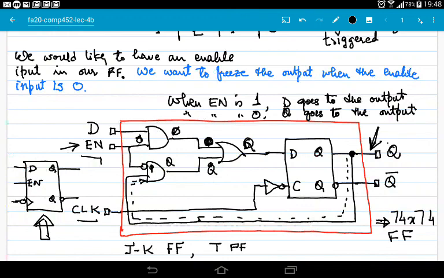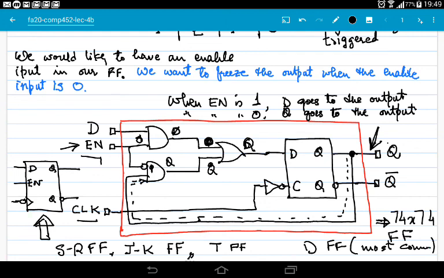So basically JK flip-flop, SR flip-flop, T flip-flop. But almost all of the designs these days are based on the D flip-flop. Most common. That's right.